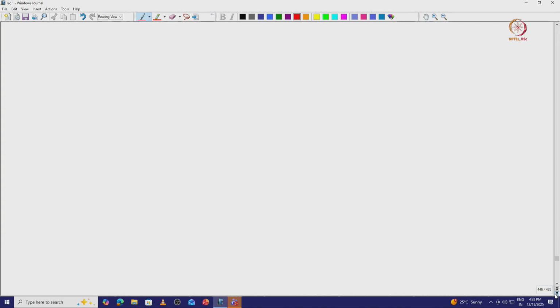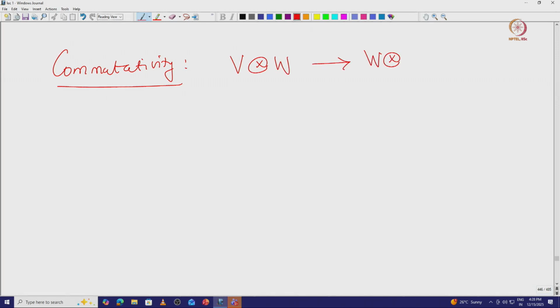Okay, so we have this important basis, and we also have the associativity and commutativity of the tensor product of vector spaces. So, here is the commutativity. We know that V tensor W is naturally isomorphic to W tensor V, where the simple tensor v tensor w is mapped to w tensor v.